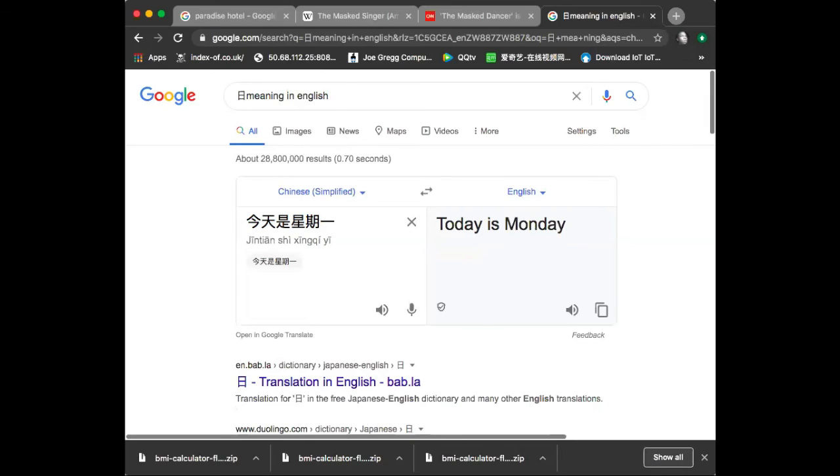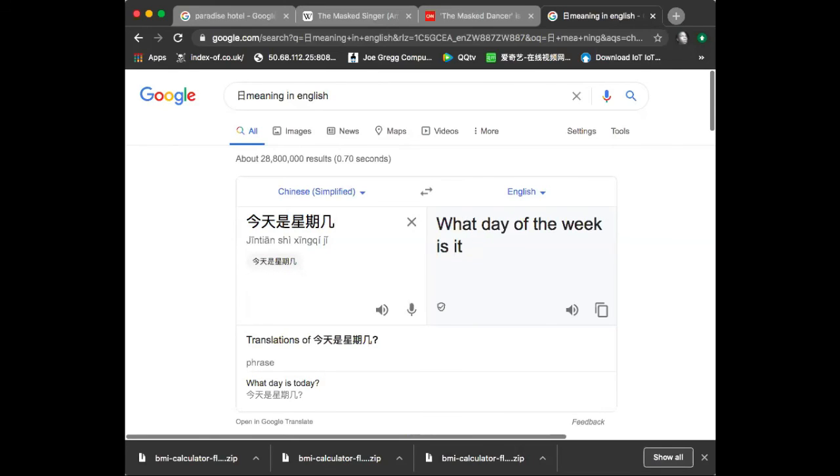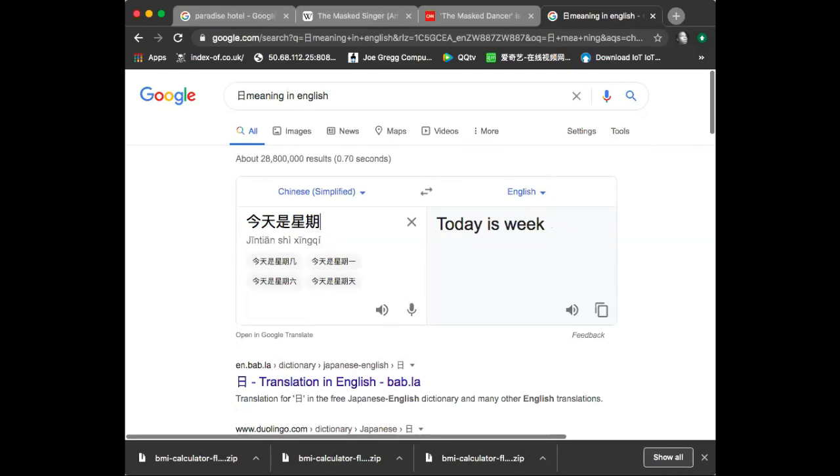We removed the 几, which was the part where we were asking the question, and replaced it with the number of the day that we want. If it's Saturday, we add Liu, and then it changes to today is Saturday.